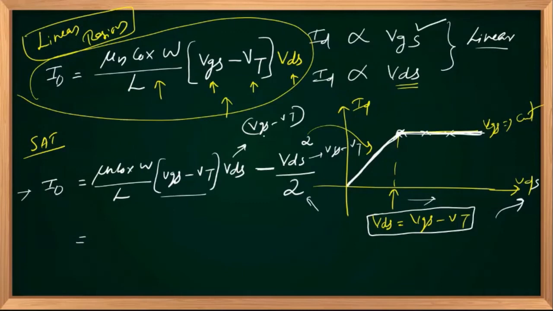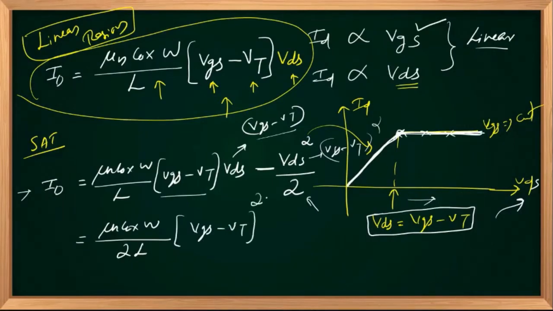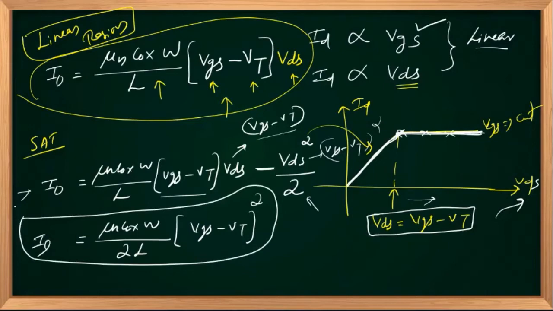So this VGS minus VT will be squared, then VGS minus VT, the whole square upon 2. You will have mu n Cox W by L times VGS minus VT, the whole squared, minus VGS minus VT all squared by 2. So 1 minus 1 by 2 is 1 by 2. So 2 will come here: mu n Cox W by 2L into VGS minus VT, the whole square.